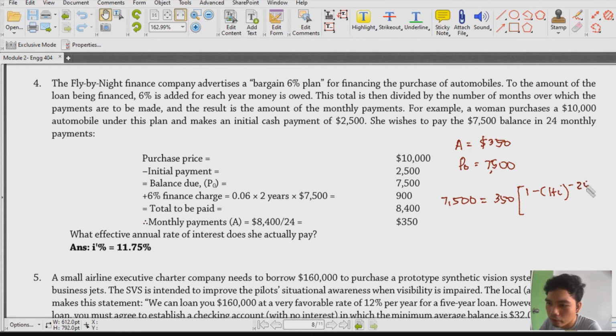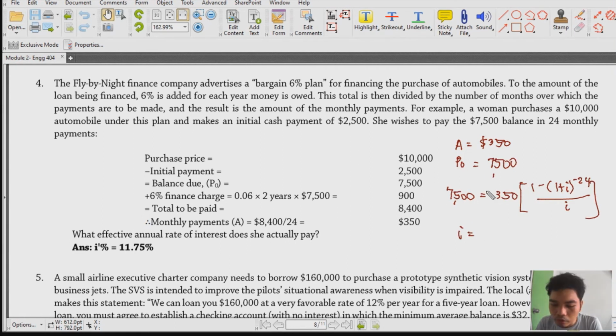That's 24. Kasi monthly payment, we divide this by i. Therefore, your i is equal to, so yung balance yung gagamitin natin, kasi baka isipin nyo yung 8,400. So kasi yung 8,400 na yun, that's another addition na ginagamit ng company to compute for your annual interest.